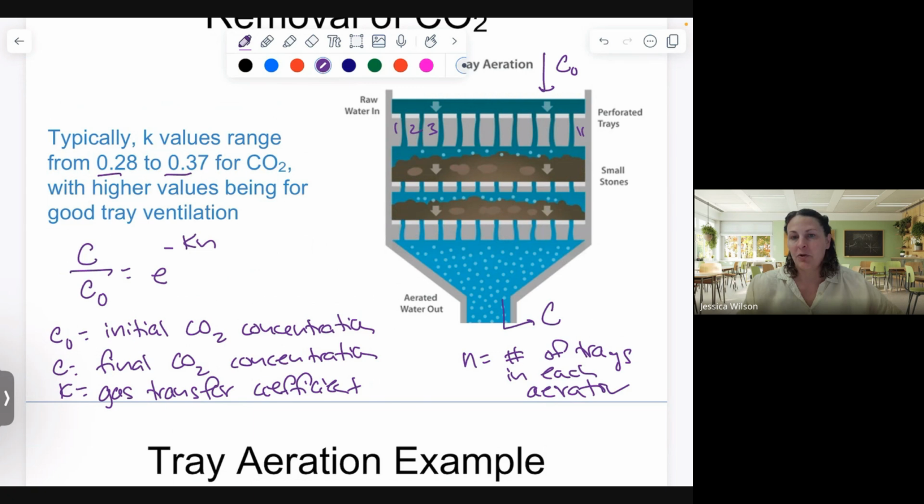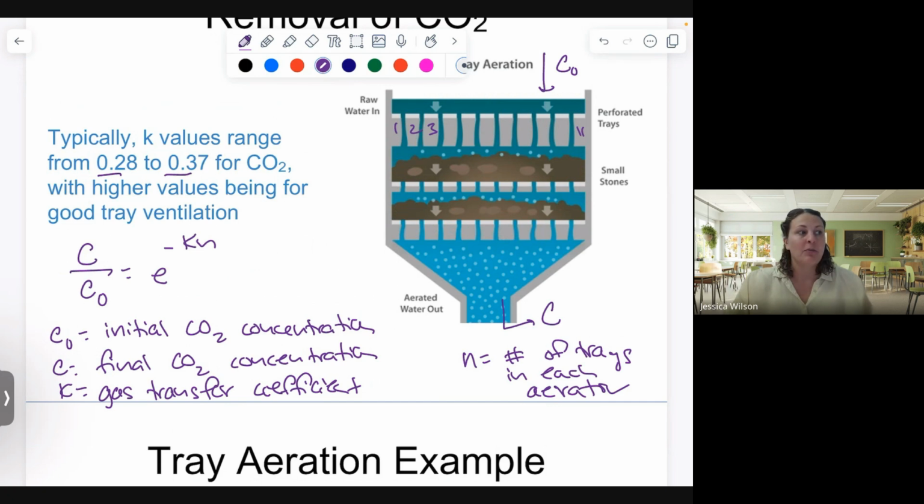So you often have multiple tray aerators in a single system, and each tray aerator has a set number of perforated trays. The number of trays, combined with our gas transfer coefficient, is what affects the overall removal of CO2.